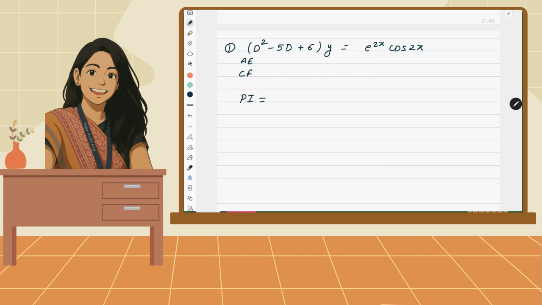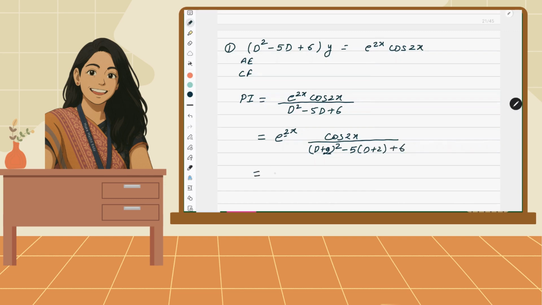PI in this category is e to the power 2x cos 2x upon d square minus 5d plus 6. Next step, I'll write e to the power 2x outside. Now the coefficient of x is 2, so in place of d, I should put d plus 2 in the denominator: d plus 2 whole square minus 5 times d plus 2 plus 6.